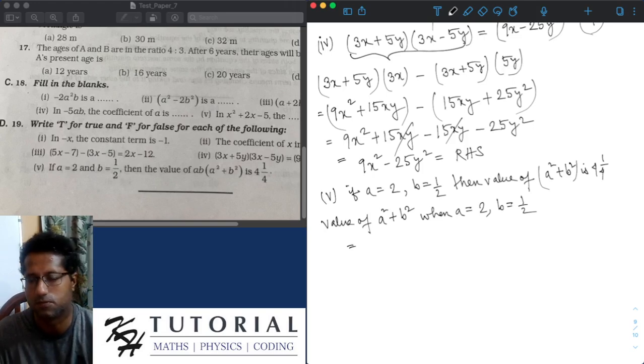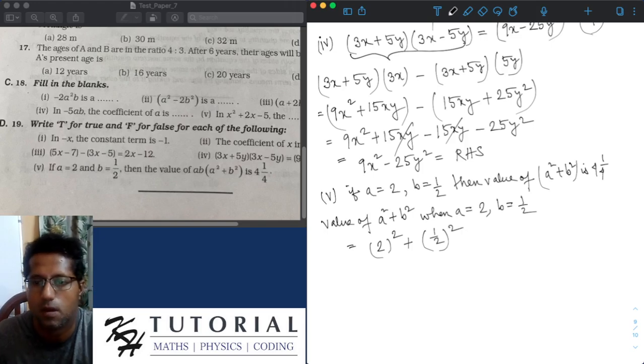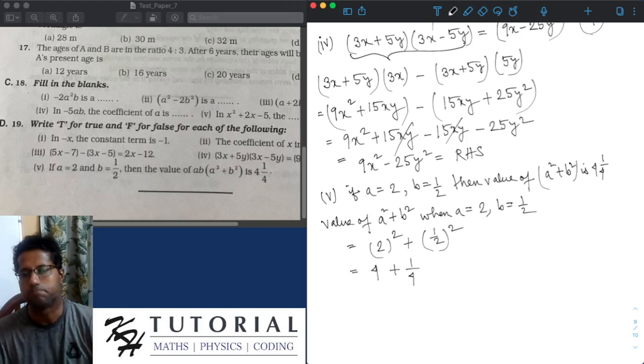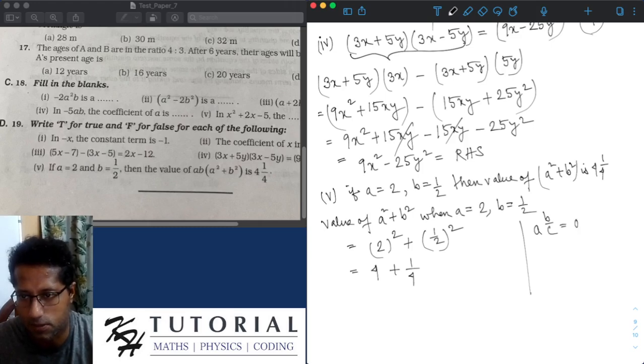So we will substitute a by 2, so that is 2 square, and we will substitute b by half, that is half square. Now if you do the squaring, 2 square is 4 and half square is 1 by 4, and we know that if we have a mixed fraction a and b by c, this is nothing but the whole part, that is a, and the fraction part, that is b by c.